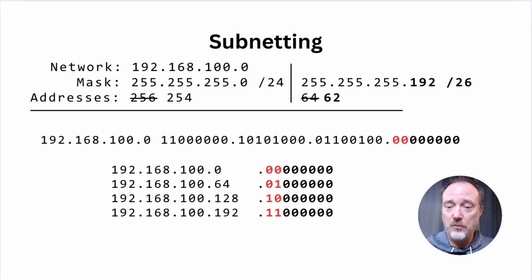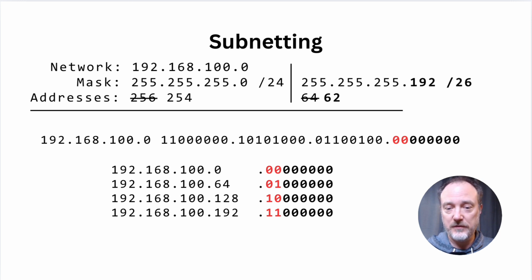So the 4 network IDs that we can create from this, because we have to add those binary values in the last octet that are bolded in red, we have to add those to our network ID. So the first network we've created is 192.168.100.0/26. The next one would be 192.168.100.64/26.